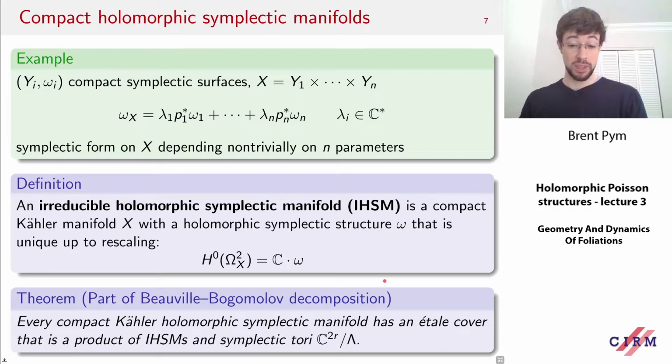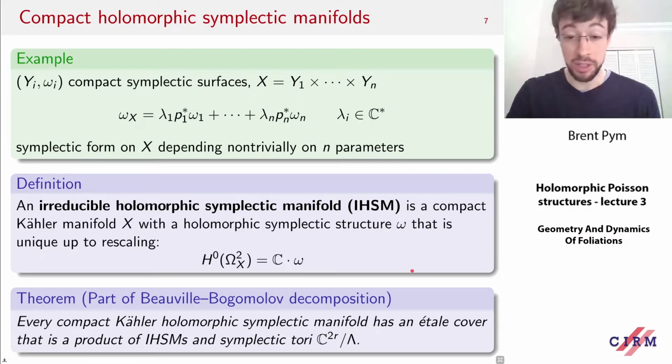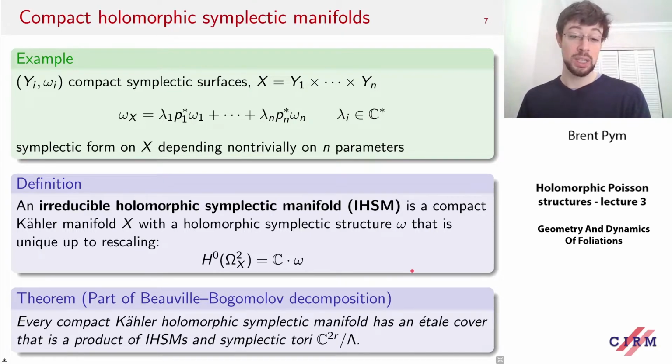And there's a deep theorem, which is called the Beauville-Bogomolov decomposition theorem, which explains the structure of varieties with trivial canonical class. And this is a particular case of this theorem. It says that every compact Kähler manifold which carries a holomorphic symplectic structure has a finite étale cover which is a product of these irreducible holomorphic symplectic manifolds and some symplectic tori.